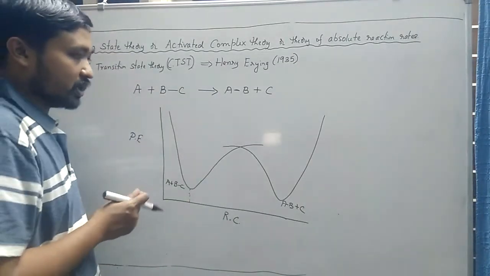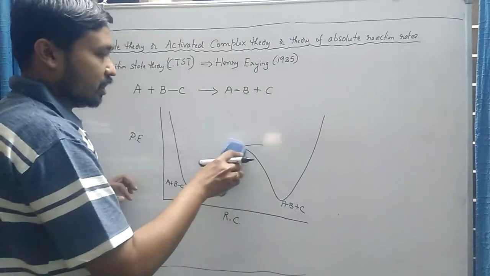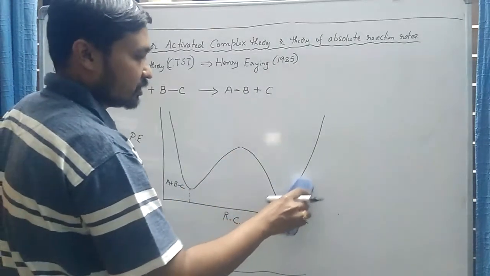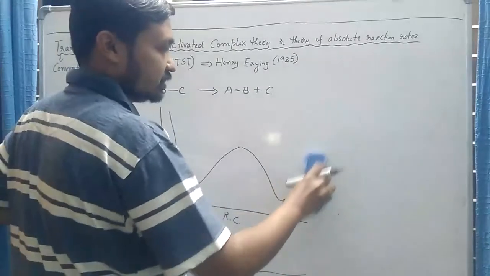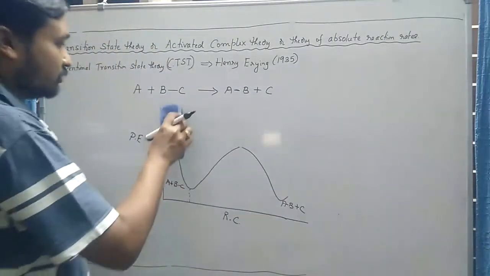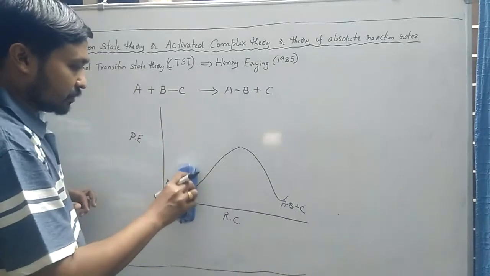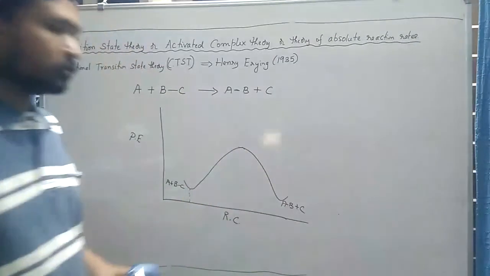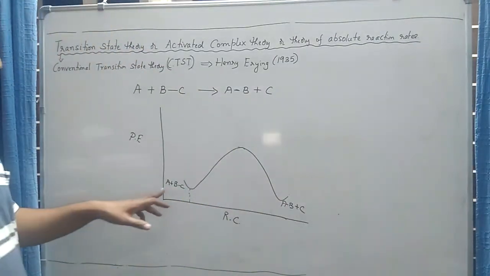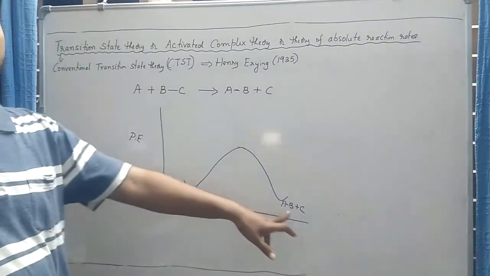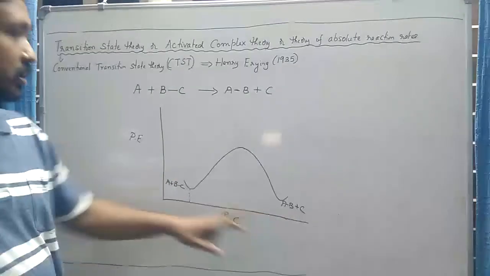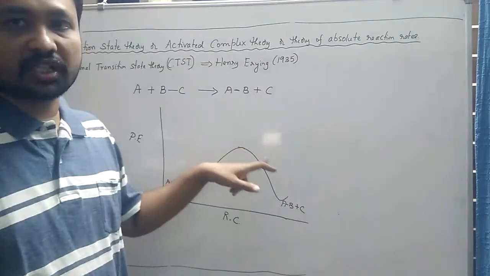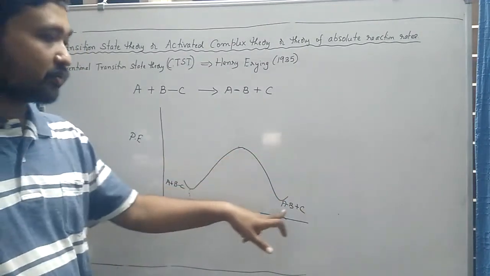What we observe here is, if I eliminate all these extra lines, because these are not significant, and keep only that part of the curve which is interesting, that the reactant, if it has to form the product, has to pass through a state of higher energy before forming the product.